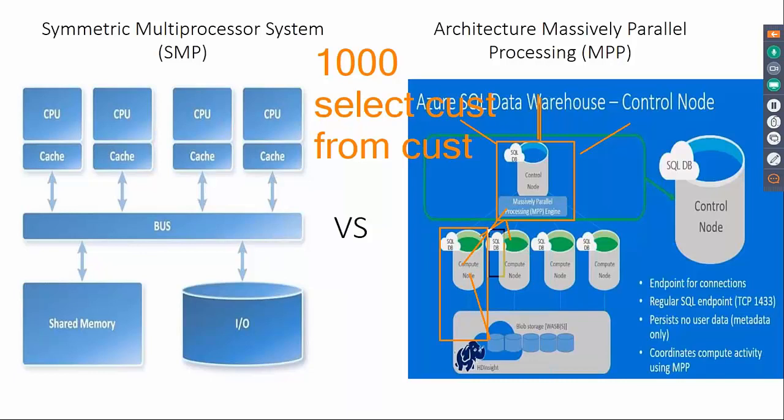I hope it's clear. So remember that. That is why it's going to go faster. We're going to decouple storage from compute, but each compute node has its own memory and is going to be querying a specific number of partitions in the storage. Okay.